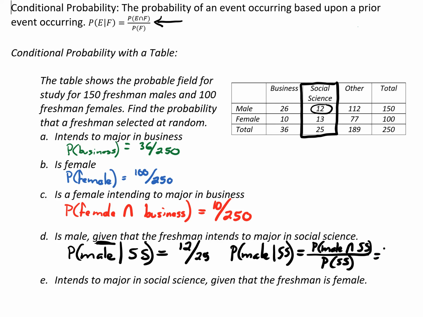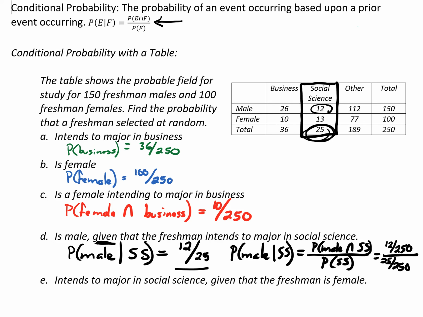If we look back at this, we can see that the probability of male and social science would have been 12 out of 250. We would divide that by the probability of social science, which is the total social science people. That's 25 out of 250. And this fraction with fractions in it would have simplified down to the 12 out of 25.